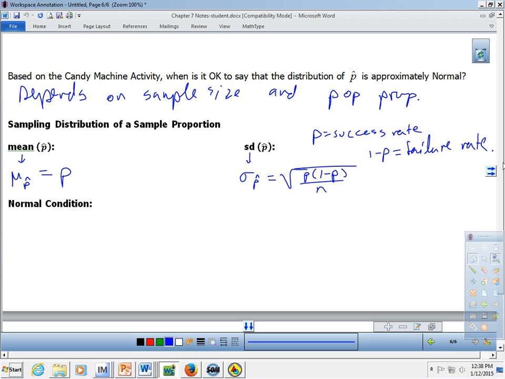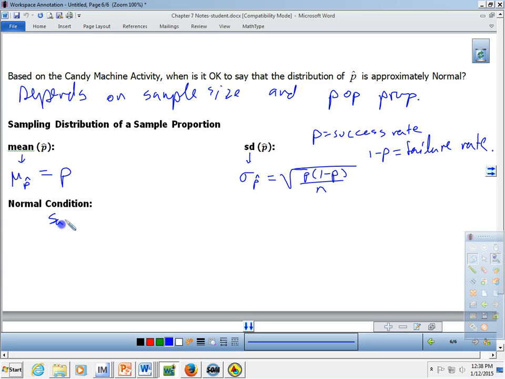Your normal condition. When is your sampling distribution going to be normal? We mentioned again, going through the applet, that it seems to be dependent upon your sample size, and it took a smaller sample size for the sampling distribution to become normal if our rate of success or our population proportion was larger. And that becomes what we call the normal condition.